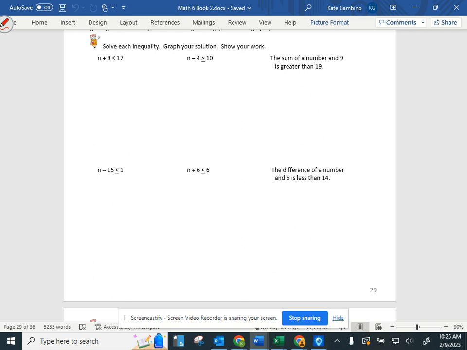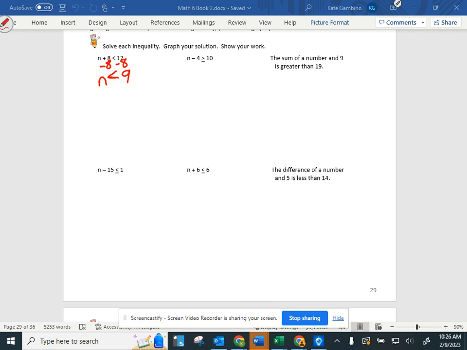But doing opposite operations just gives you that extra practice at it. You could look at that and say, I know what plus 8 would be 17. I'm going to do the opposite operations and subtract 8. 8 minus 8 is 0, so I get n is less than 17 minus 8, which is 9. So now I have that inequality that I've had in my previous objectives, and I just need to graph it.